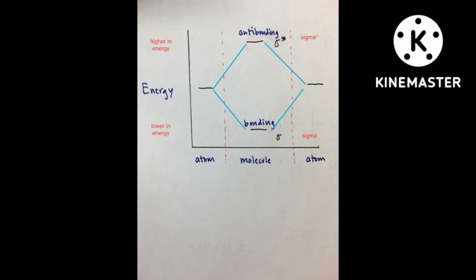While the molecular orbital sigma star, formed by the subtraction of atomic orbitals, is called the anti-bonding molecular orbital, due to the subtraction, the minus. Sigma A minus sigma B is called the anti-bonding molecular orbital.